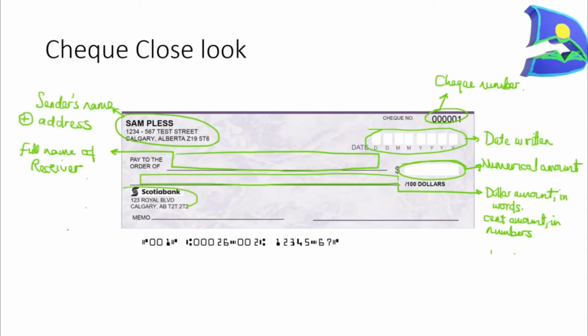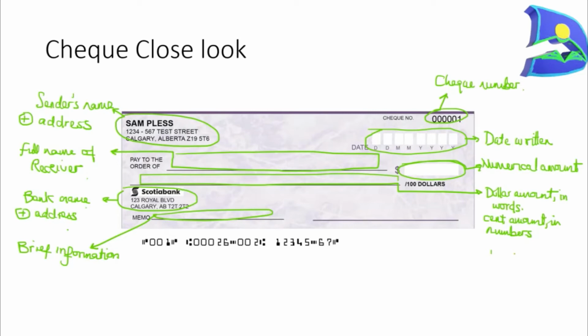And then the next one here you notice is the bank or financial institution that this sender is associated with. And once you have that established, you have the memo, which is the brief information about the reason why you're sending that money to the person.